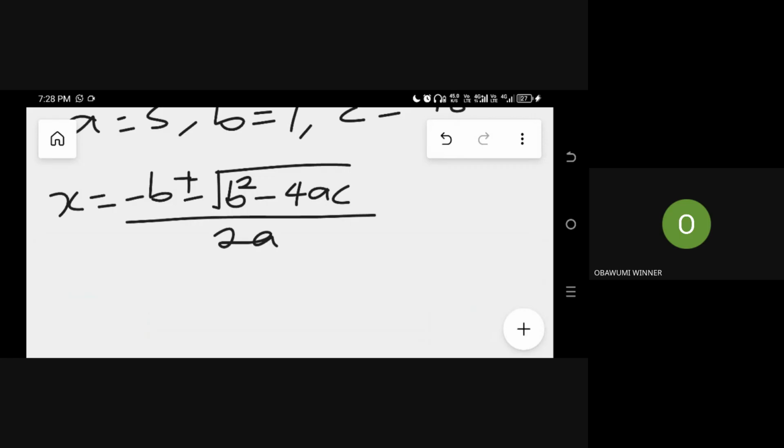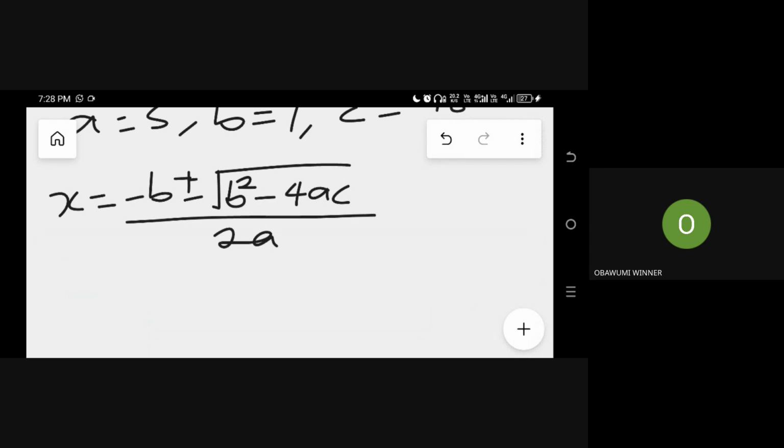So this is all you have to know for the formula that you'll be using if you seek to use the formula method. Formula is s is equal to minus B plus or minus the square root of B to the power of 2 minus 4AC over 2A.